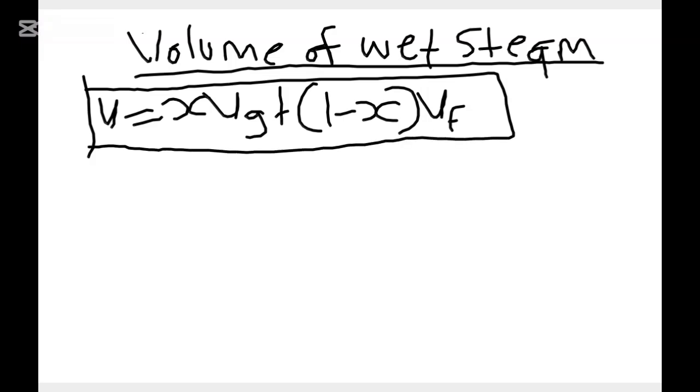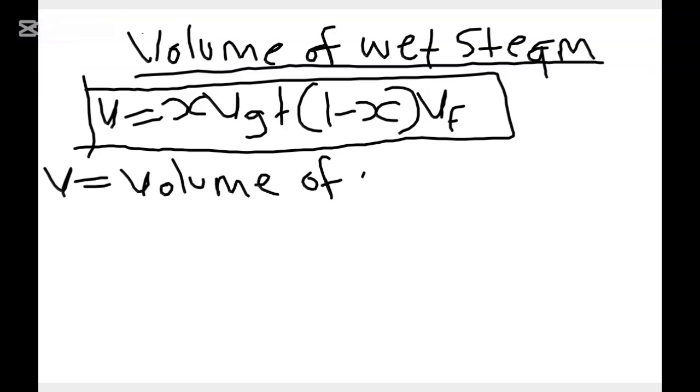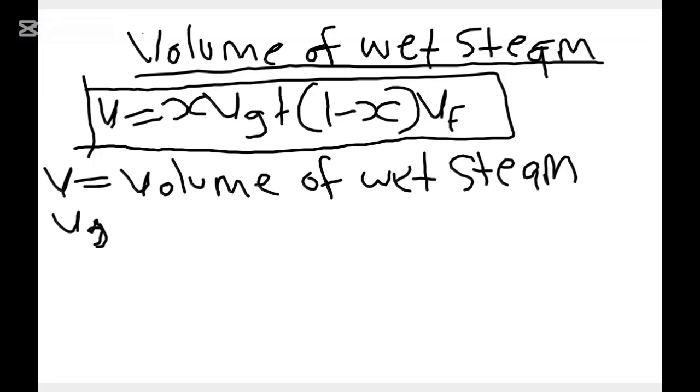So this is the volume of wet steam, where V stands for the volume of wet steam. And the Vg stands for the specific volume of dry steam.